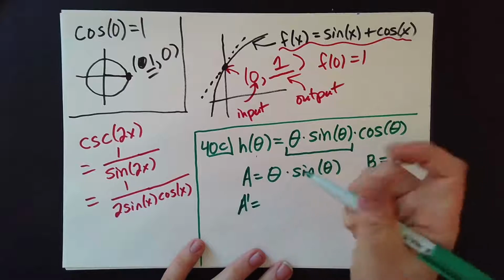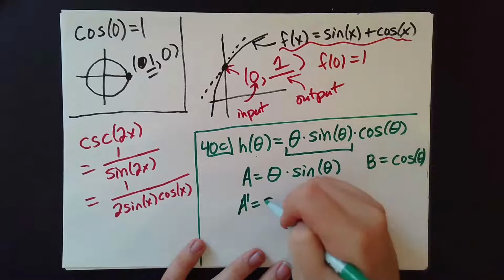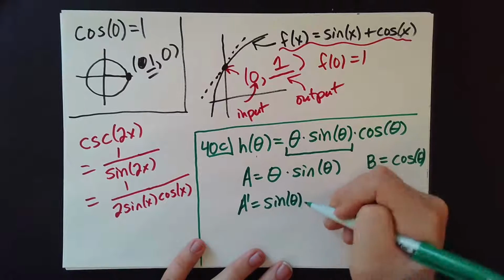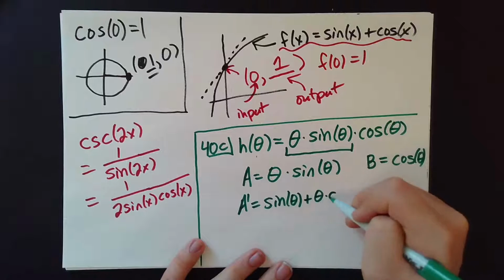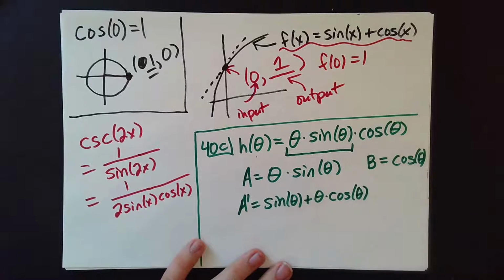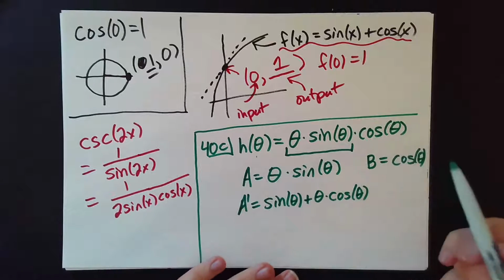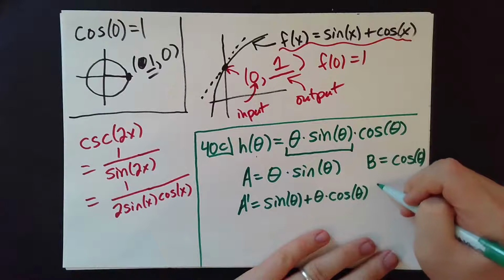So I know how to take the derivative of theta times sine of theta. And to do that, what I did was to just use the product rule, right? So basically, in order to handle three products, the moral of the story is you have to do the product rule twice.